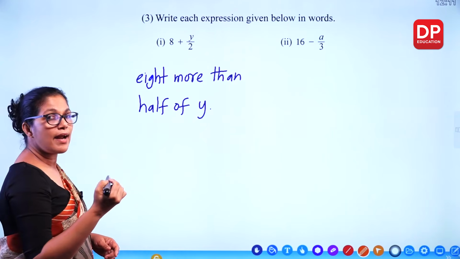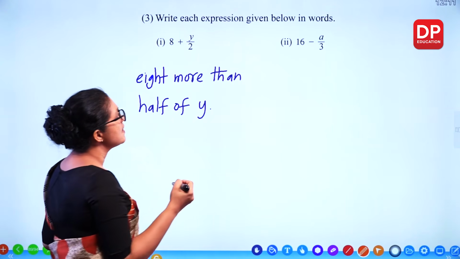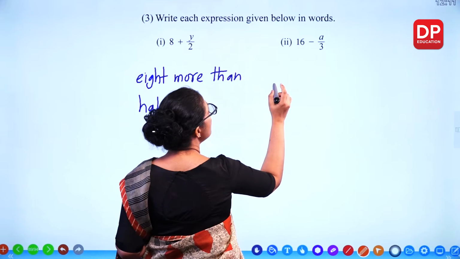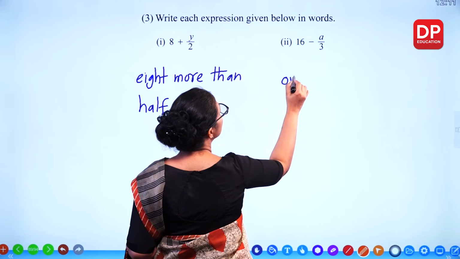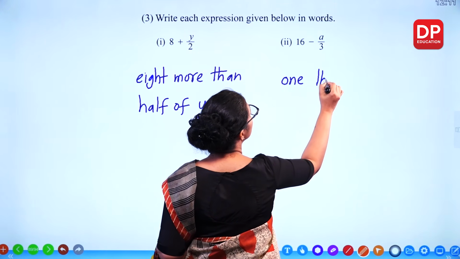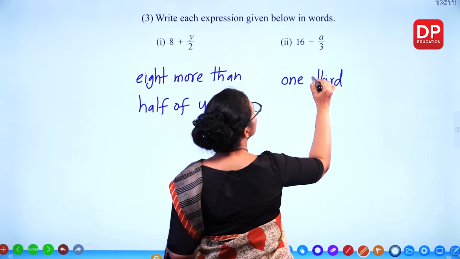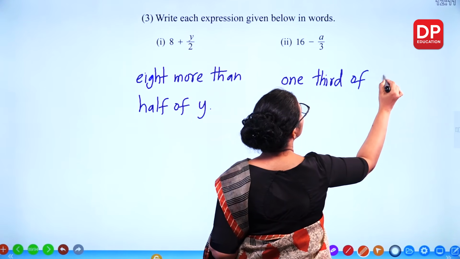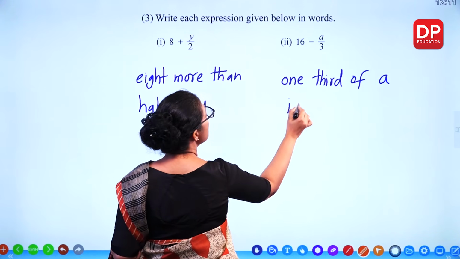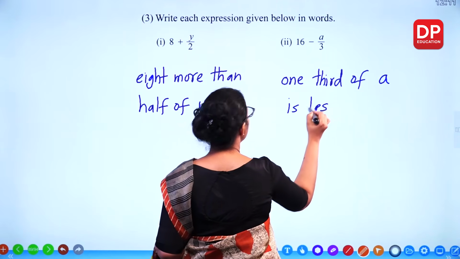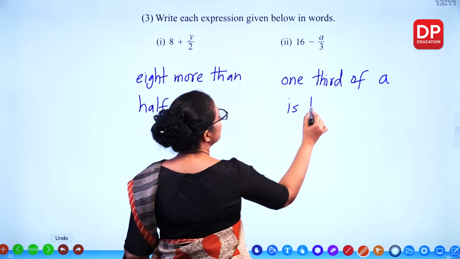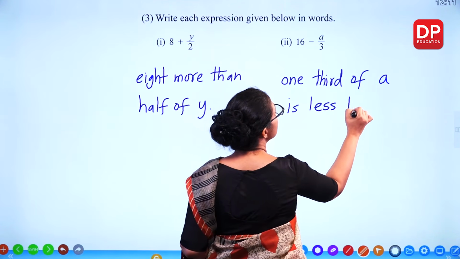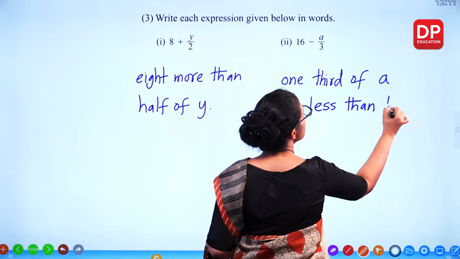Y over 2, I can write half of y. This is 1/3 of a is less than 16.